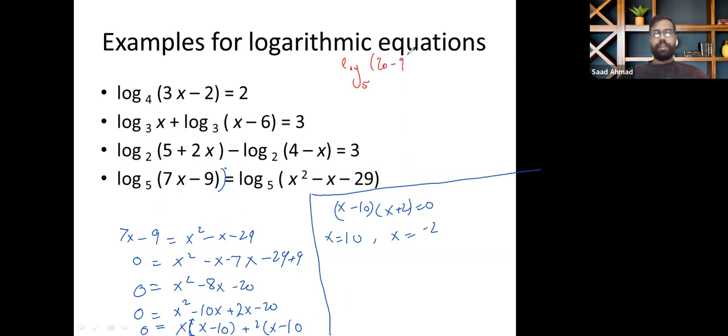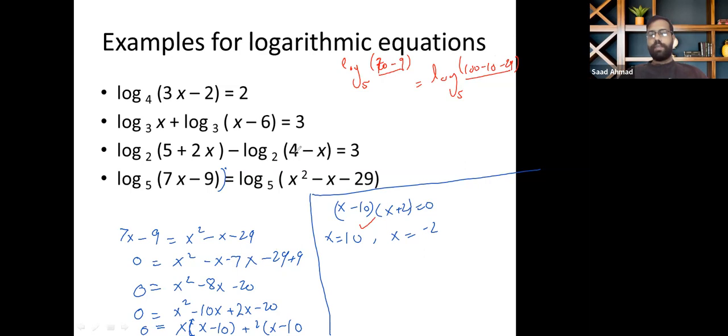So 70 minus 9 equals log, and then 10 squared is 100. 100 minus 10 minus 29. So both of them are positive numbers. So this one is good. x equals 10 is good. We are good with that.